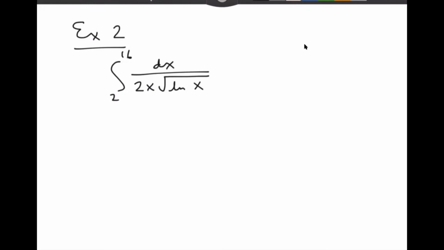All right, so in this case, let's see. We're going to make u be a natural log of x. And then, of course, du will be 1 over x dx, which is almost what we have, right?